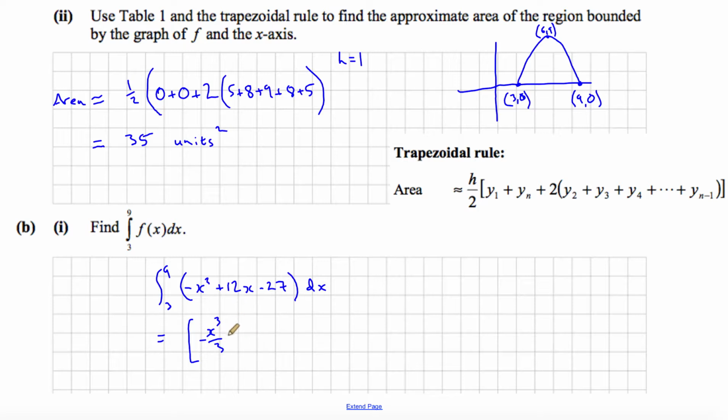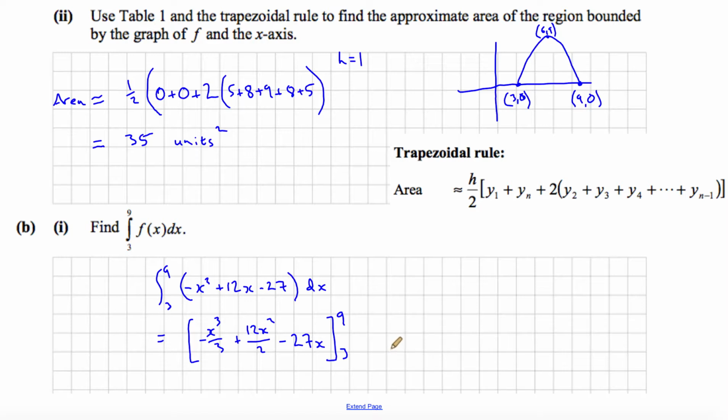And the integral of 12x is 12x squared over 2. And the integral of minus 27 is minus 27x. So that's the function integrated, but remember it's between 3 and 9.